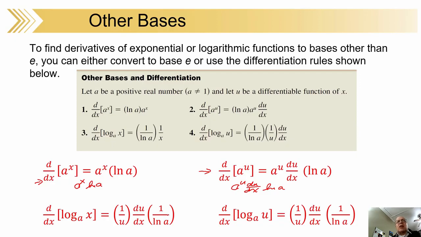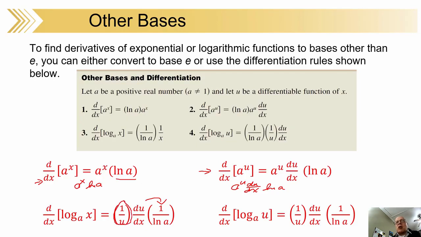The difference here is, instead of having the natural logarithm of a on the top, you're going to have 1 over the natural logarithm of a. So when you think of logarithms, the derivative is 1 over that item.